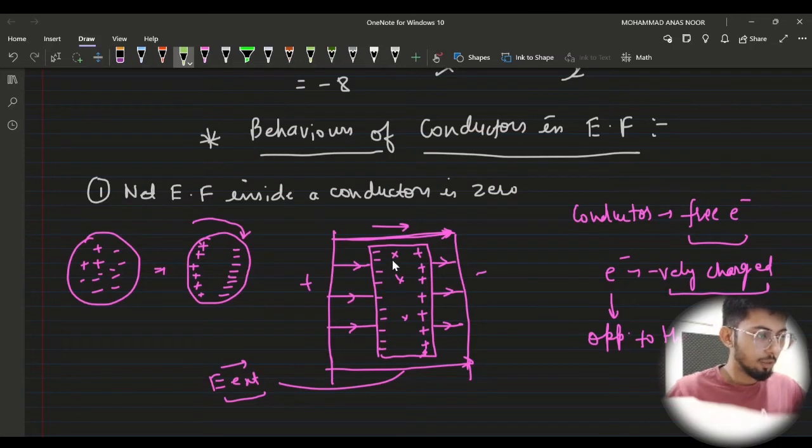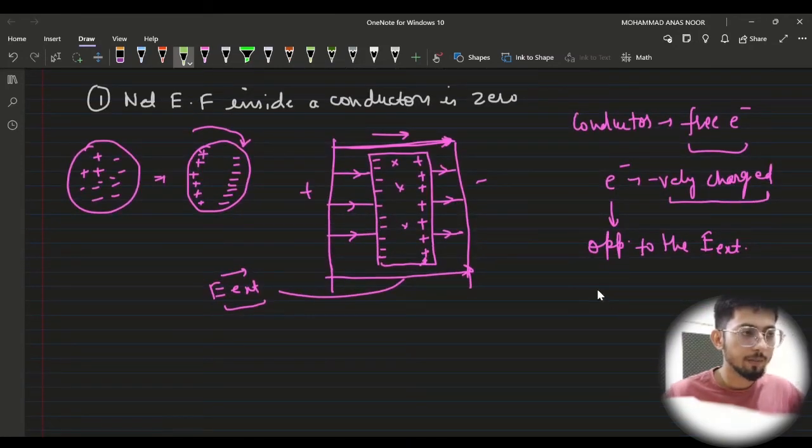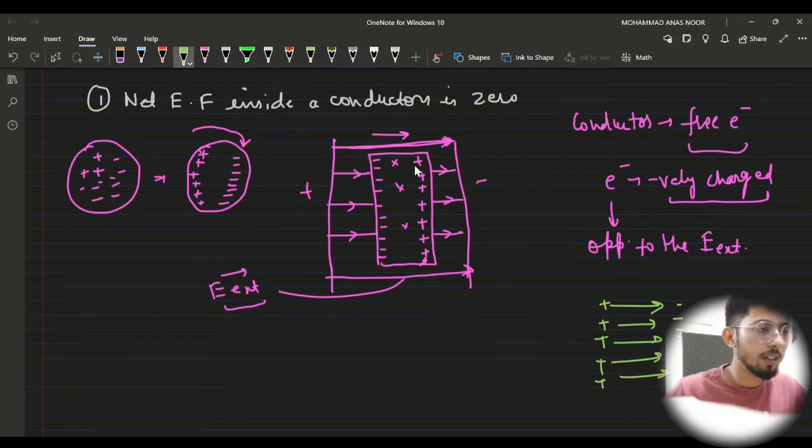Due to this, an opposite electric field is automatically created inside the conductor. Whenever there is a positive charge and a negative charge, the electric field goes from positive to negative. So an electric field going from positive to negative is created in this conductor.